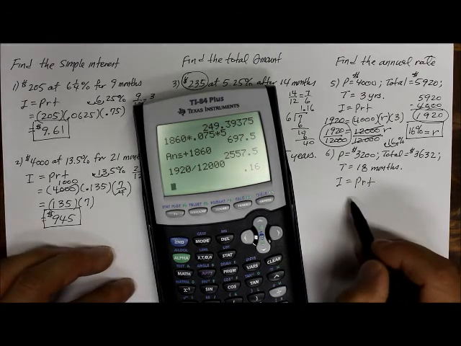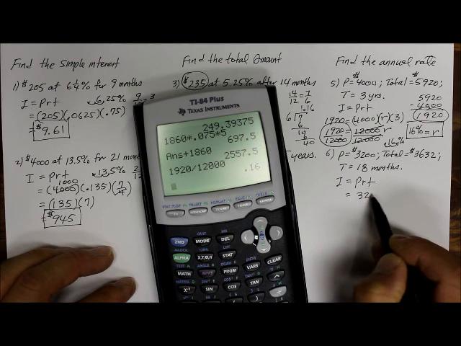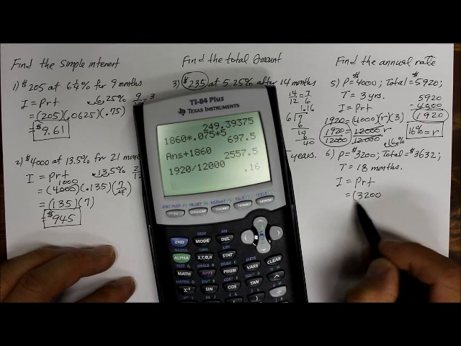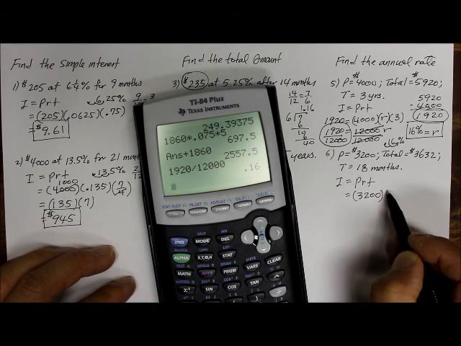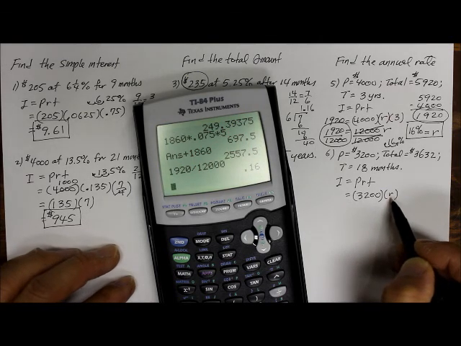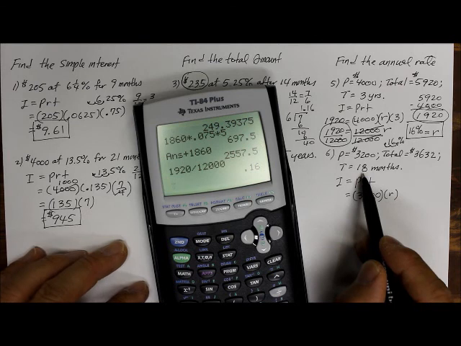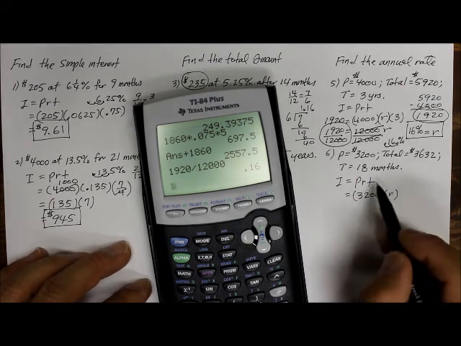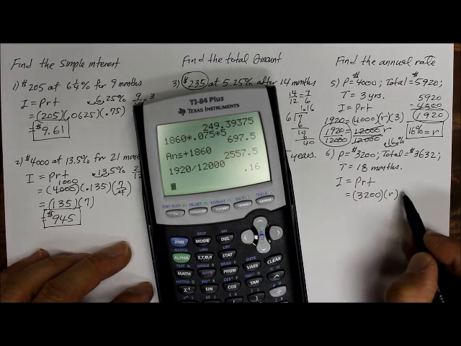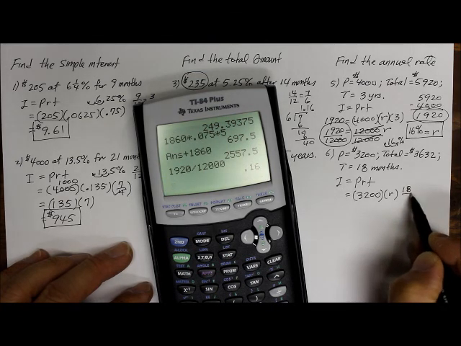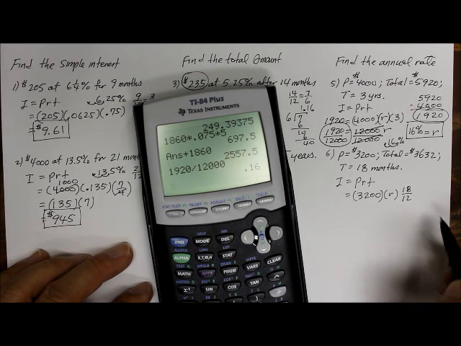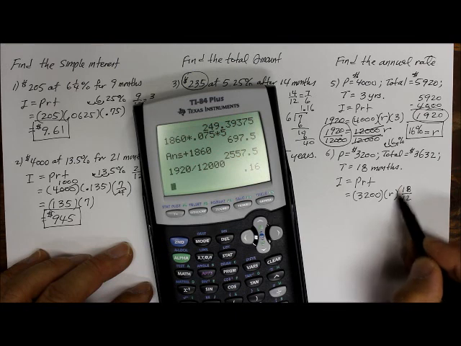And now the principal is $3,200. R is what we do not know, the rate. We're looking for the annual rate. And the time is 18 months. So since they're giving us in months, we're going to write that in a fraction form, 18 over 1 year, which is 12 months. And we're going to reduce that, okay?